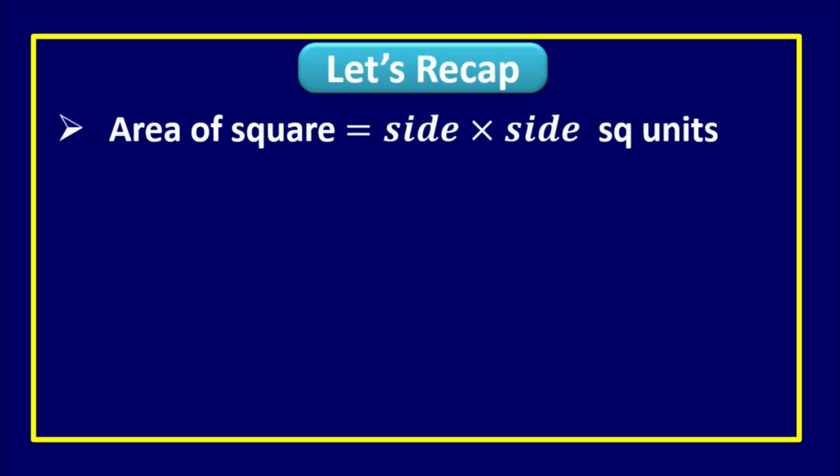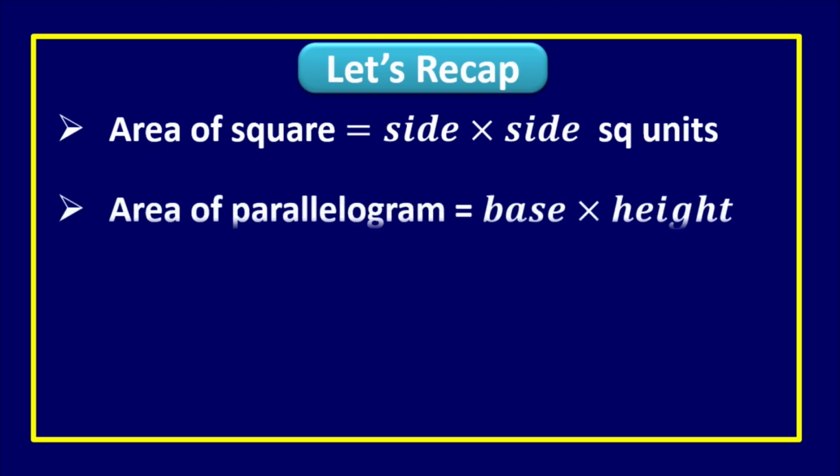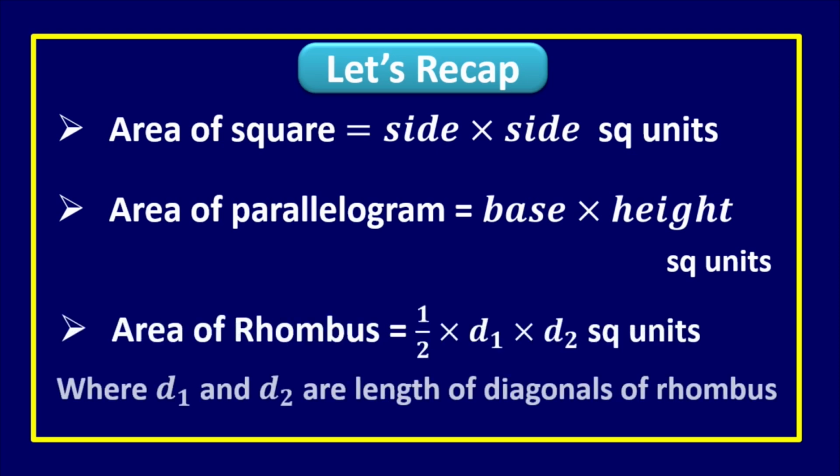Area of a square is equal to side into side square units, or simply S into S. Area of a parallelogram is equal to base into height square units, or simply B into H. And area of a rhombus is given by half into D1 into D2 square units, where D1 and D2 are the lengths of the diagonals of the rhombus.